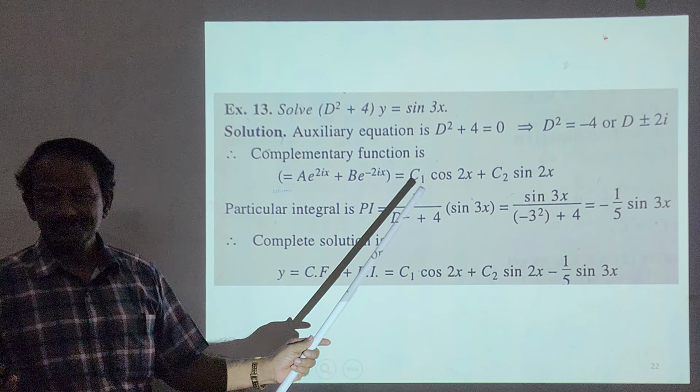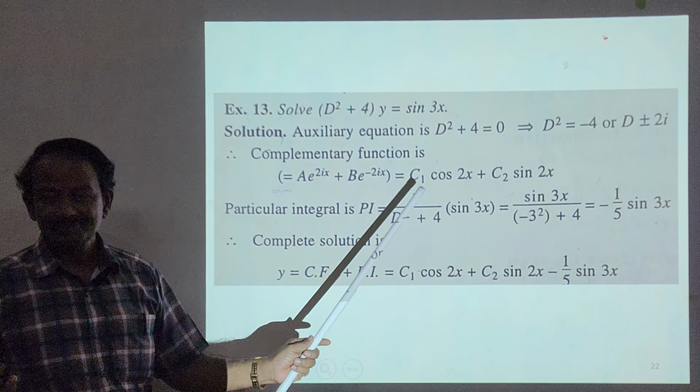You can pull y out, giving d squared plus 4d plus 4 y equals x squared. You have to factorize: d plus 2 whole squared equals 0. d equals minus 2 and minus 2. So roots are equal. If roots are equal, second type: c1 plus c2 x times e power minus 2x. This is your complementary function.